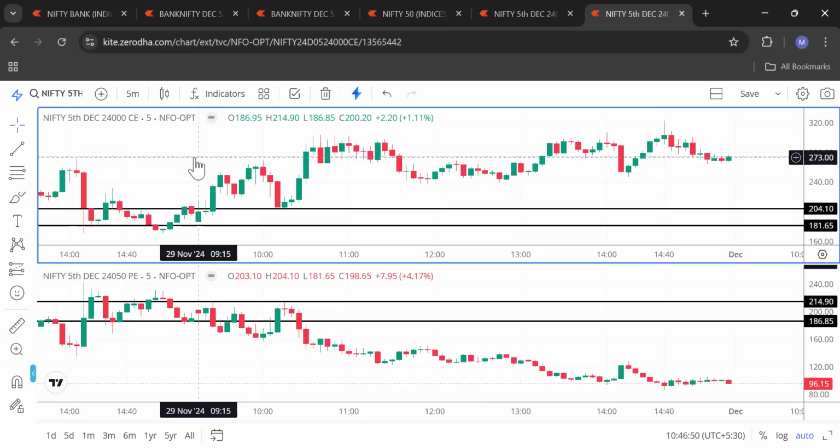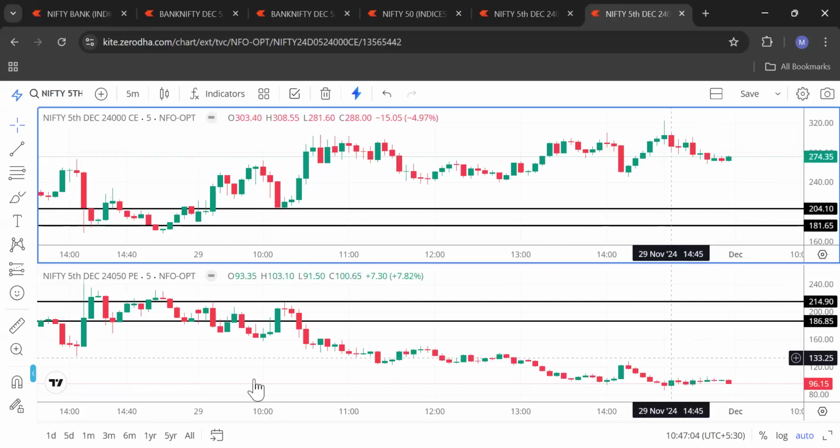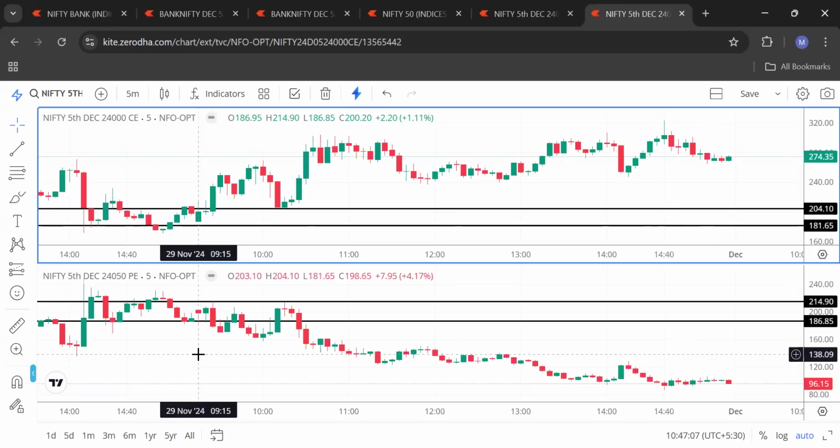Now there is something called swapping. Having found the four common points, we minimum need 4 or 6 common points. Minimum 4, maximum 6. There is something called swapping, means high of call, just see 214.9 and 186.85, they are drawn on put, and high and low of put, which is 204.1 and 181.65, they are drawn on call.